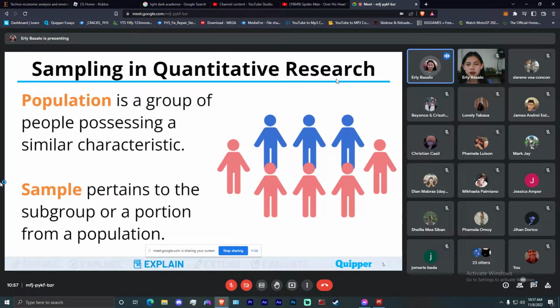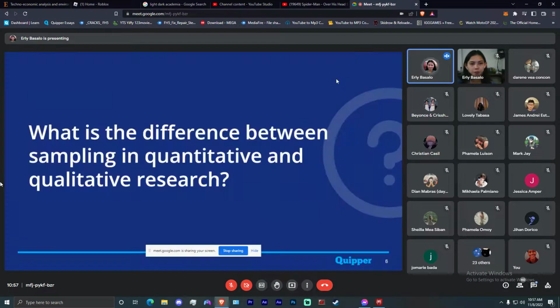Pertains to the subgroup or a portion from a population. So this is the portion where it is like your participants, the chosen participants from or among the population. So that is what we call sample.